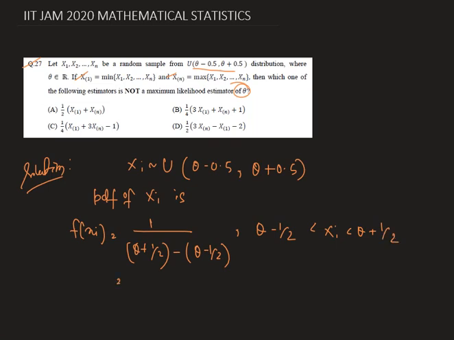Then it reduces to 1 by theta plus half minus theta plus half, that means 1, where xi's are theta minus half to theta plus half.